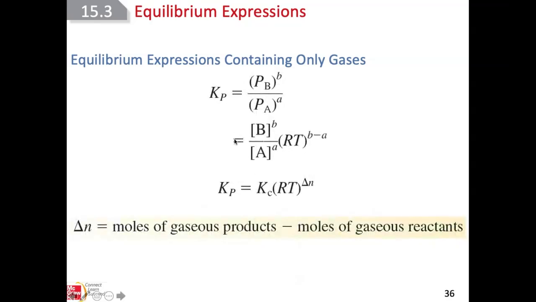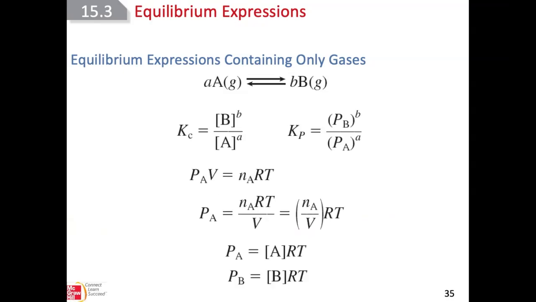So if I have my expression for Kp, then for the PA, it's the concentration of A times RT, and for the PB, it's the concentration of B times RT.